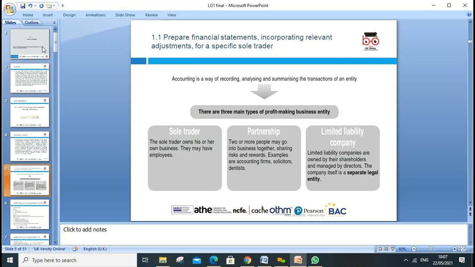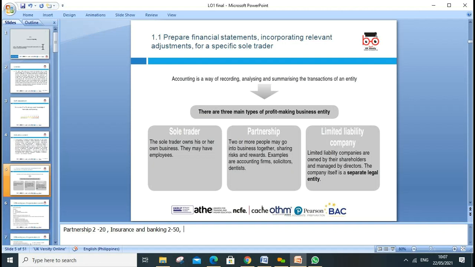Partnership: do we know how many partners can be in a partnership? Is there any limit? 30? According to the Partnership Act in the UK, it is 2 to 20. For insurance and banking business in other parts of the world, it can be 2 to 50.